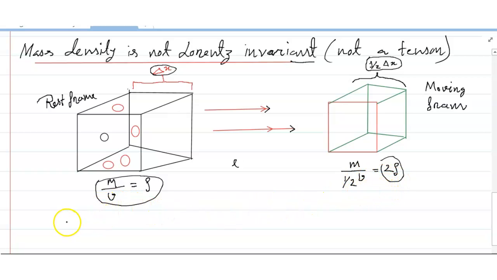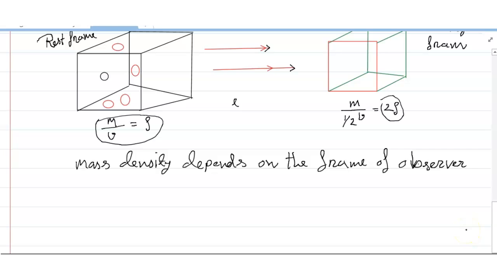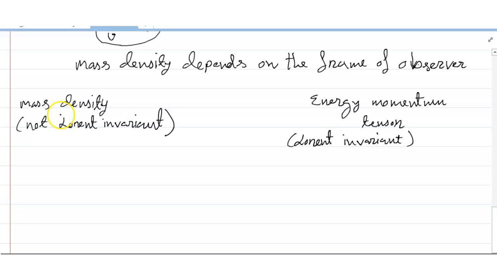So the mass density depends on the frame of the observer. Mass density is not Lorentz invariant. So friends, mass density is related to the energy momentum tensor.